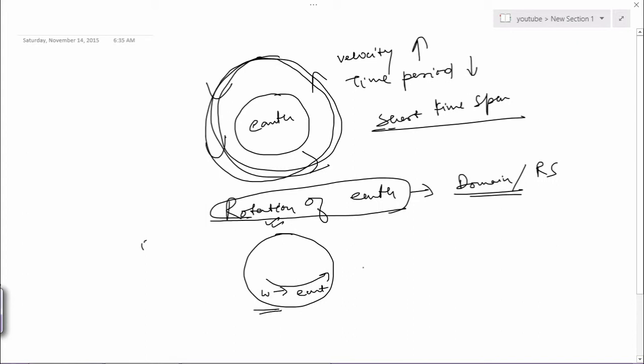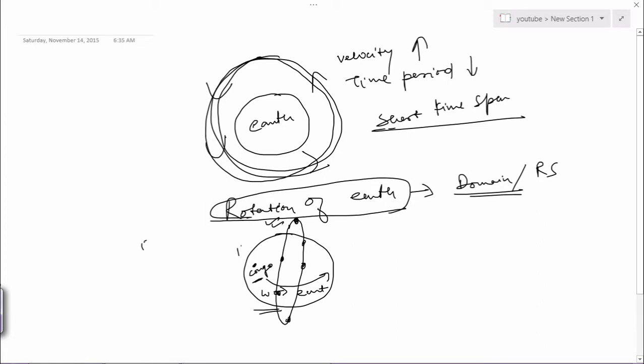West to east, right? Now the Earth is rotating like that, and this is the polar satellite orbit, and this is the satellite which is keeping on revolving around the Earth. Suppose this is Congo, somewhere around the equator.